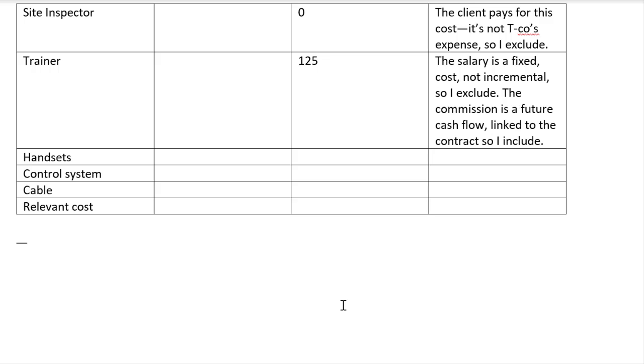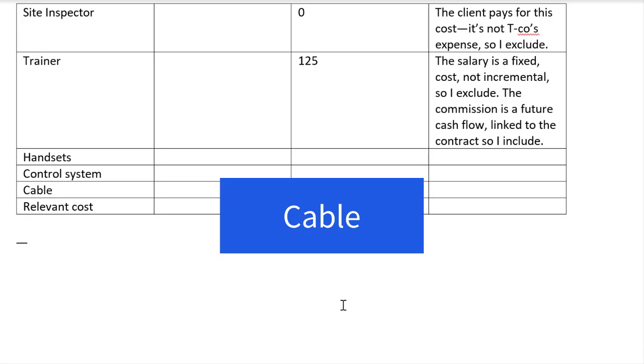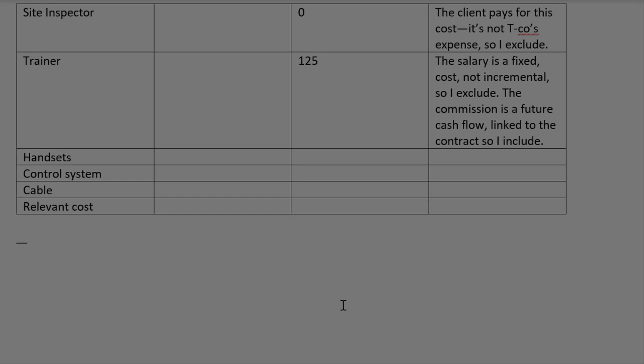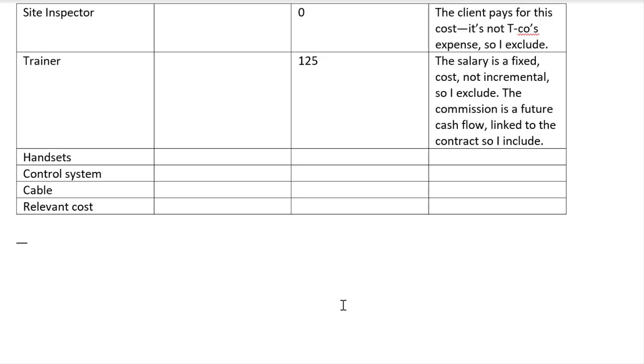So please check out cable. Pause the video and start it up when you're done and ready to compare. So for the cable, we will use the decision tree for direct materials. We ask the first question, are the materials in stock?